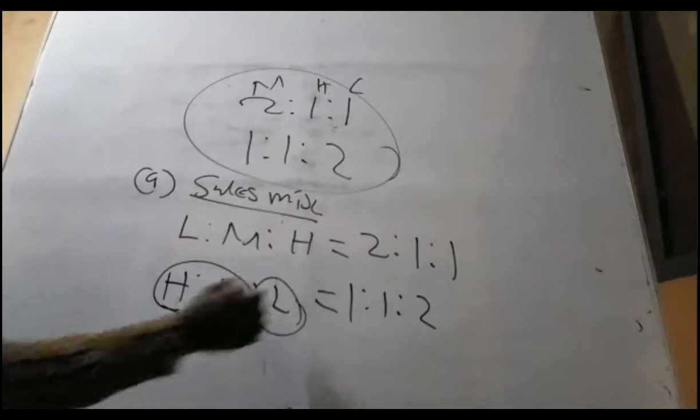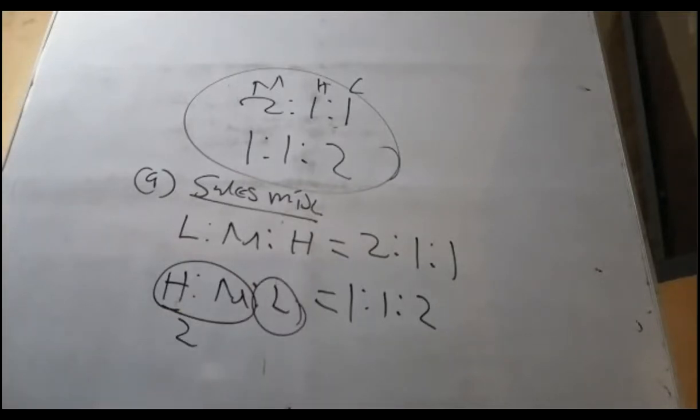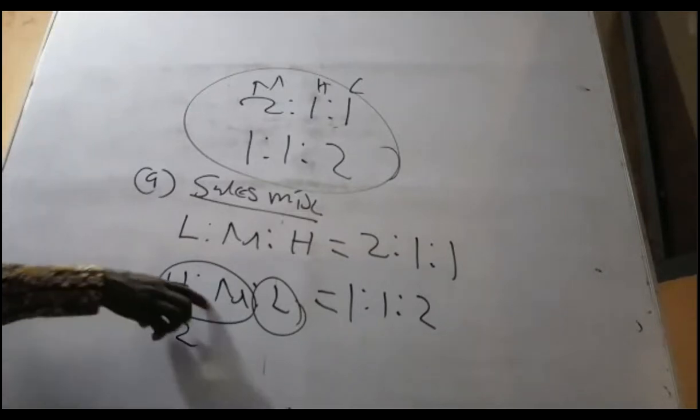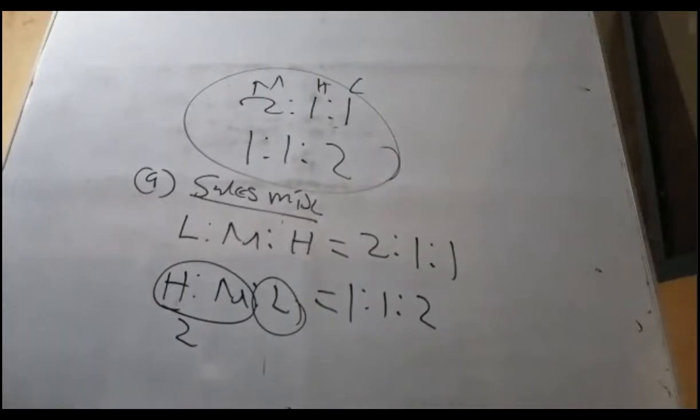You now get this. That is the alternative presentation because they say high and medium. So when I sum high and medium together and I multiply by 2, I'll now get the low. That's the alternative. You can also do that to get the answer.